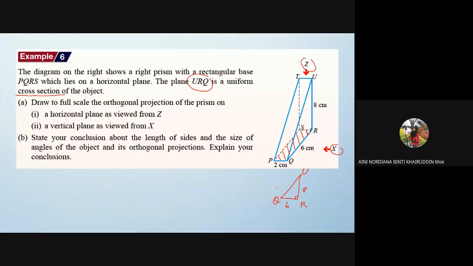You can use Pythagoras theorem to calculate the length of QU, since this is a right angle triangle. So QU equals square root of 6 squared plus 8 squared. Since QU is a hypotenuse, you should add. Then you get 10 cm. So the actual length of QU is 10 cm.